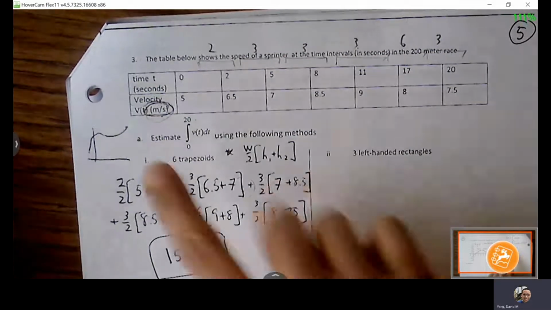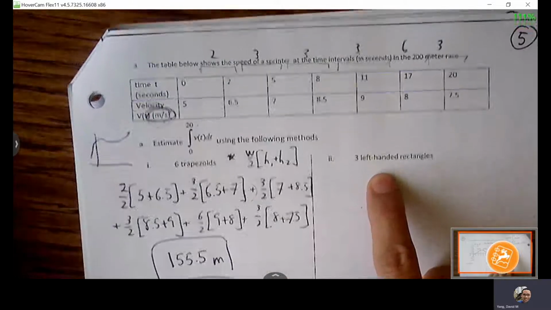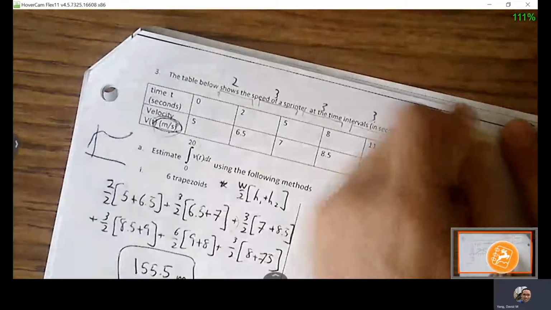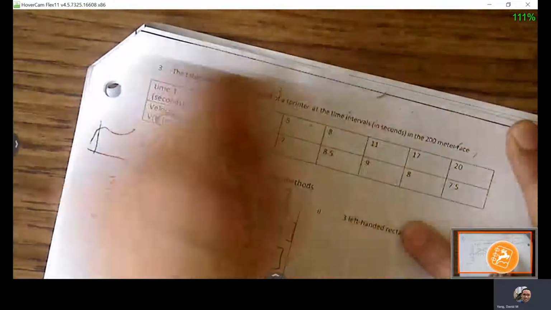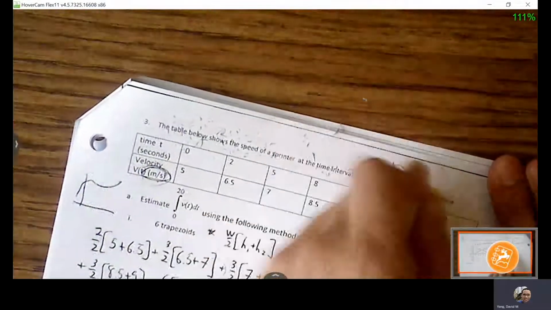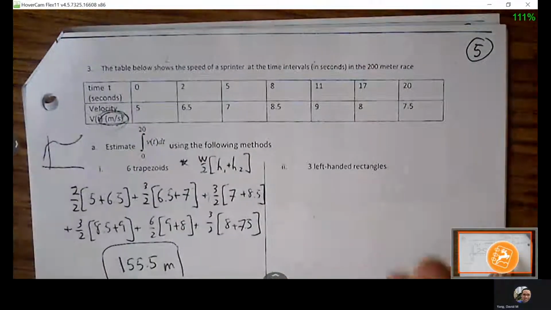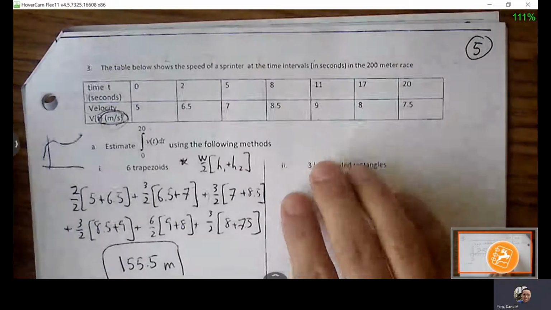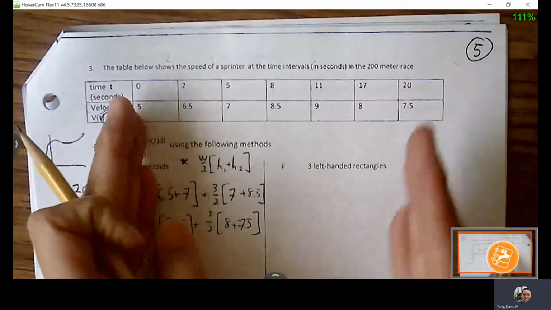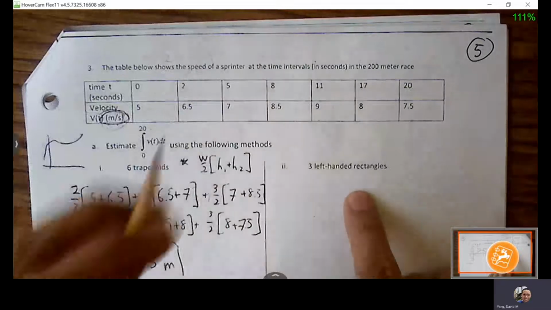Okay, we're still going from 0 to 20, but now we're doing 3 left-handed rectangles. So let me redraw my subintervals here. So I need to separate this into 3 subintervals.